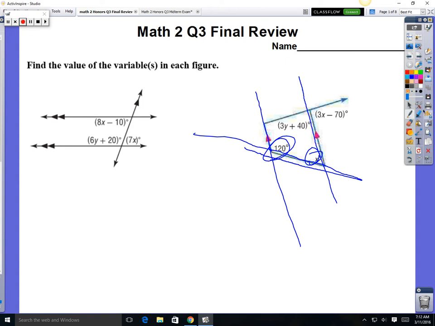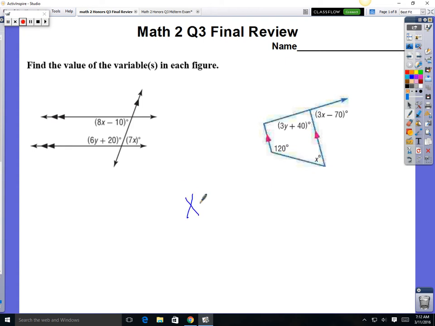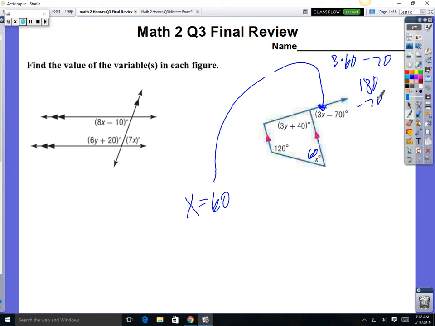So I know the x has to be 60, because if this is 60 and that's 120, those add and give you 180.